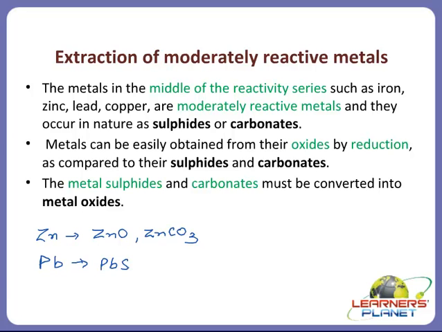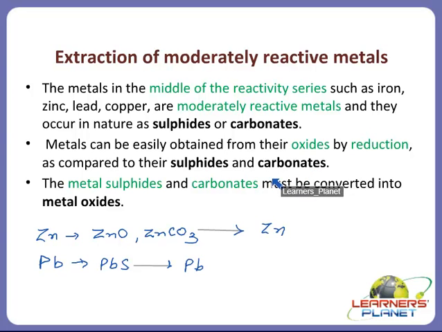Now what can be done is either the zinc carbonate can be reduced by any reducing agent to zinc, or lead sulfide can be reduced by any reducing agent to lead. But metals can be easily obtained from their oxides by reduction rather than their sulfides and carbonates.